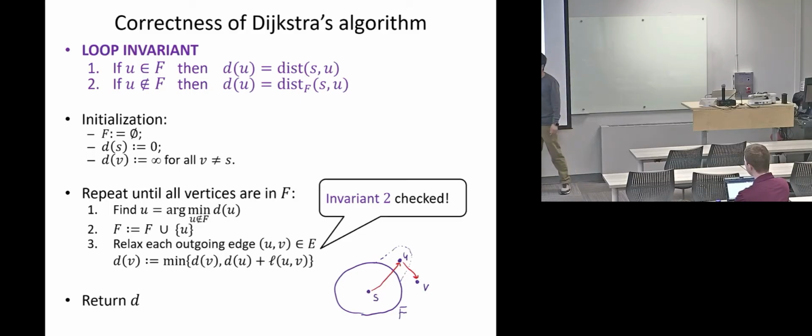And we do exactly that. We update so that the estimate of v can decrease according to a distance that goes through u and takes one step to v. This is exactly what the relaxation step does to make the second invariant hold.